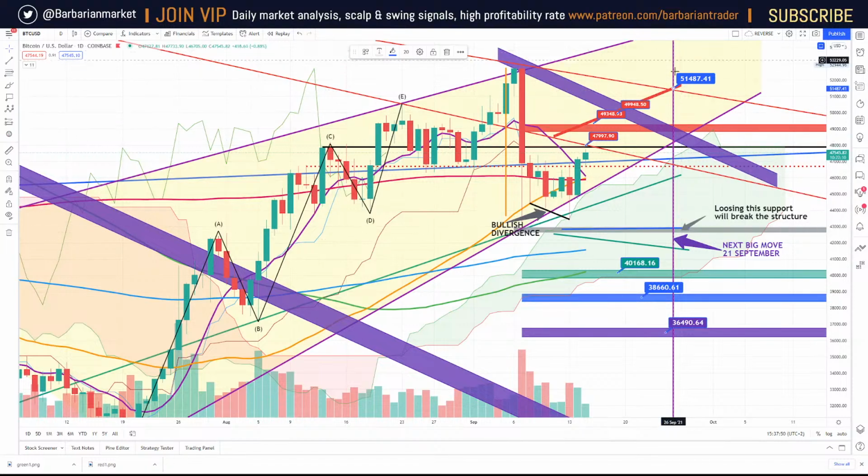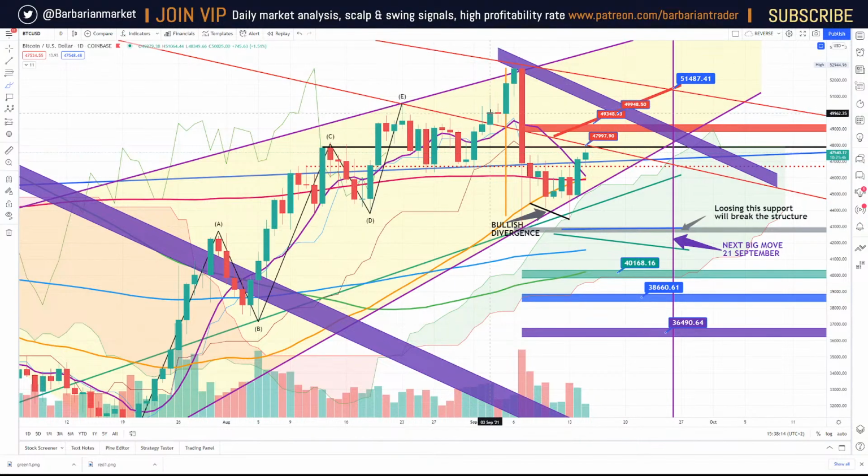And funny stuff, you see this purple line? This is on 21 September. I think on this date, plus minus, we'll have some very strong move. So what is possible? We can play around in this area and then strike down.